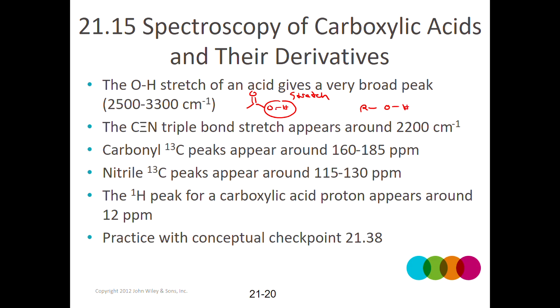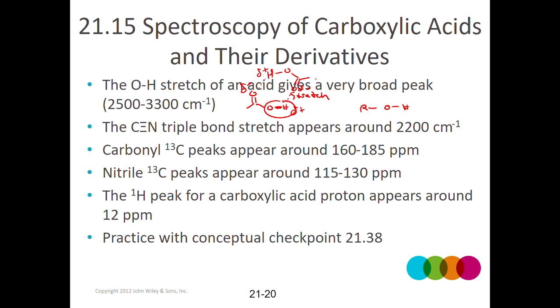So in a carboxylic acid, because there's such good hydrogen bonding between the large partial negative of one structure and the large partial positive of another, they're very good at lining up to form dimers, where two of these molecules come together. And so the large partial positive of one forms a nice hydrogen bond there, and the large partial negative of the other forms a nice hydrogen bond there. So that dimerization really weakens the covalent bond.